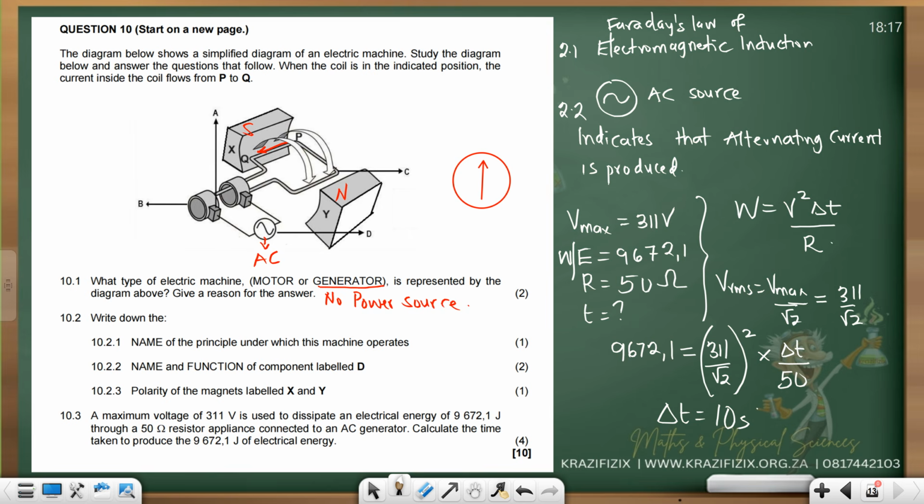It indicates or produces what? Alternating current is actually wrong, because AC already is alternating current. So please take note of that. It's an AC source.